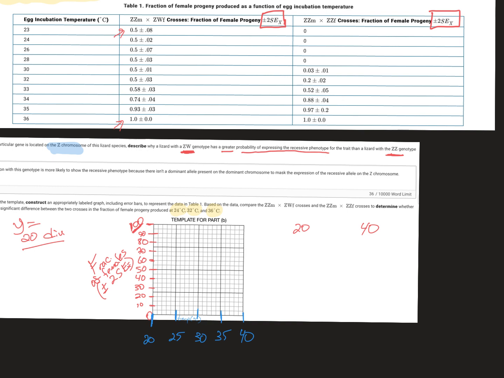At 23, I'm going to put a triangle, since I'm using the triangles for ZW. The yellow triangles in this case are going to be ZZ males crossed with ZW females.